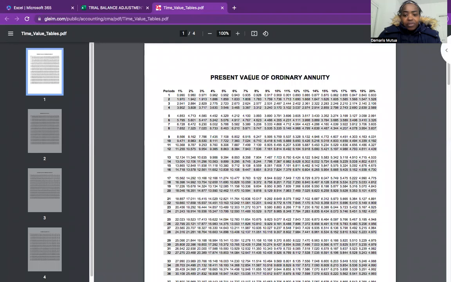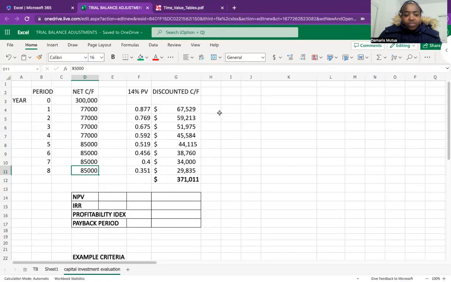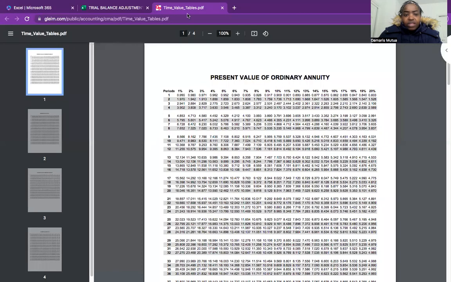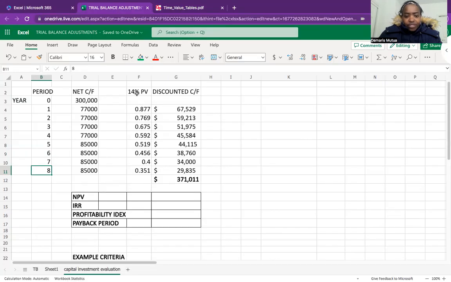This is the present value of an ordinary annuity. When you talk about an annuity, you receive the same amount over a period of time. Let's say, for example, if we received 77,000 for 8 years, which is not the case, the discount rate that you're going to use, our hurdle rate, is 14%.